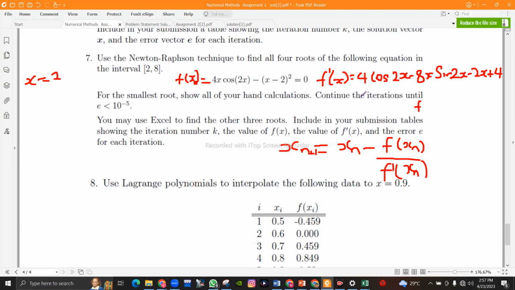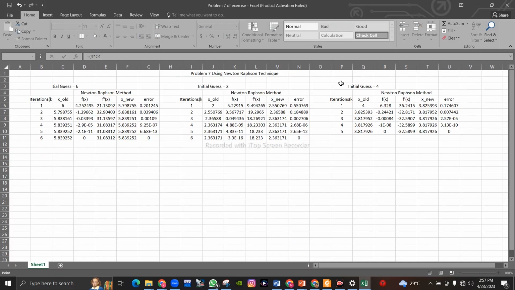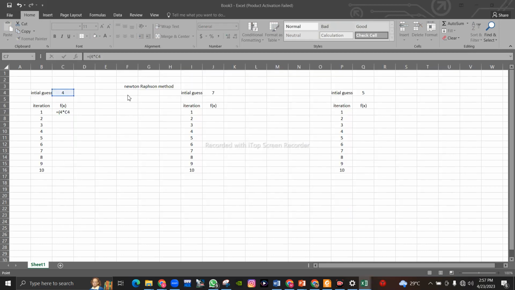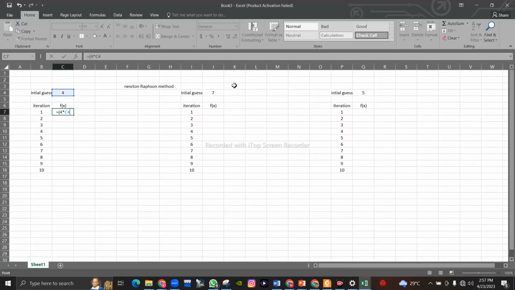Remember, this x is the initial value of x, not the other one. So that's our initial guess. That'll be 4 times that, then times cos bracket 2 times x, and this is still the same x, close bracket.